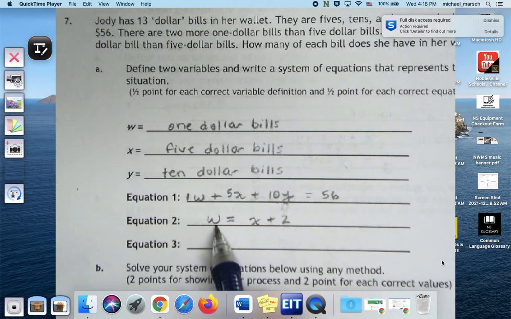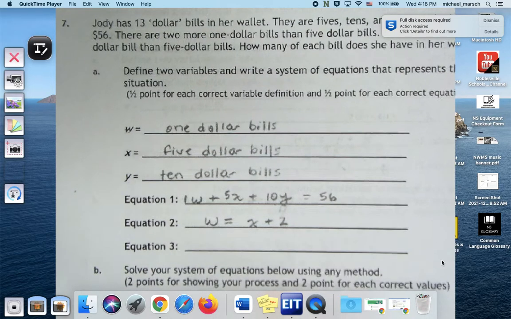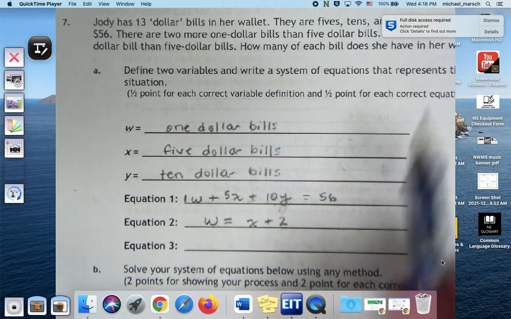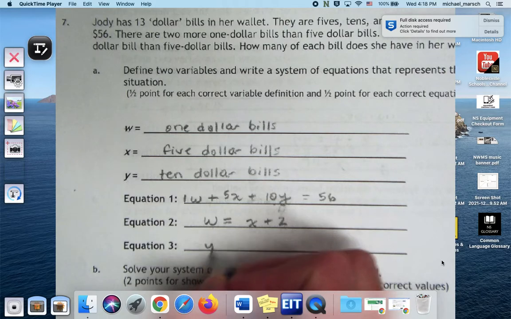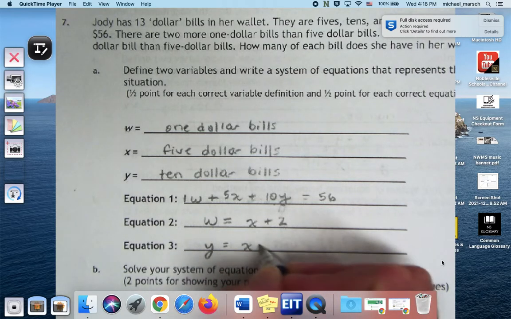The number of bills, there are two more $1 bills than $5 bills. There is one less $10 bill than $5 bills. So the $10 bill equals X minus 1.